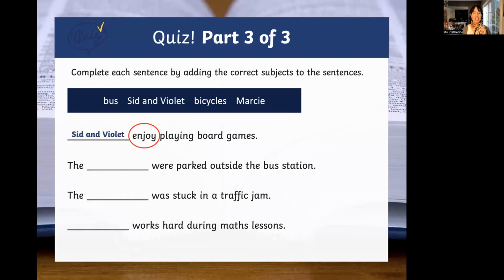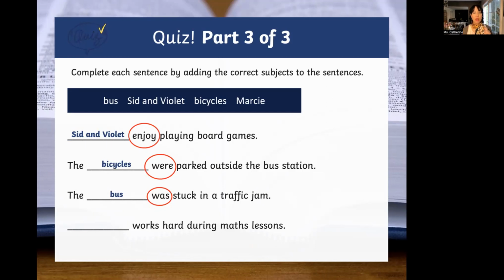Okay, enjoy. Which should it be? Sid and Violet. Who got it? Good job. Second sentence, where is the verb? Were. Okay, what's the subject that agrees with it? The bicycles were parked outside the bus station. The third sentence, where is the verb? Okay, is this singular or plural? Singular, the bus was stuck in a traffic jam.